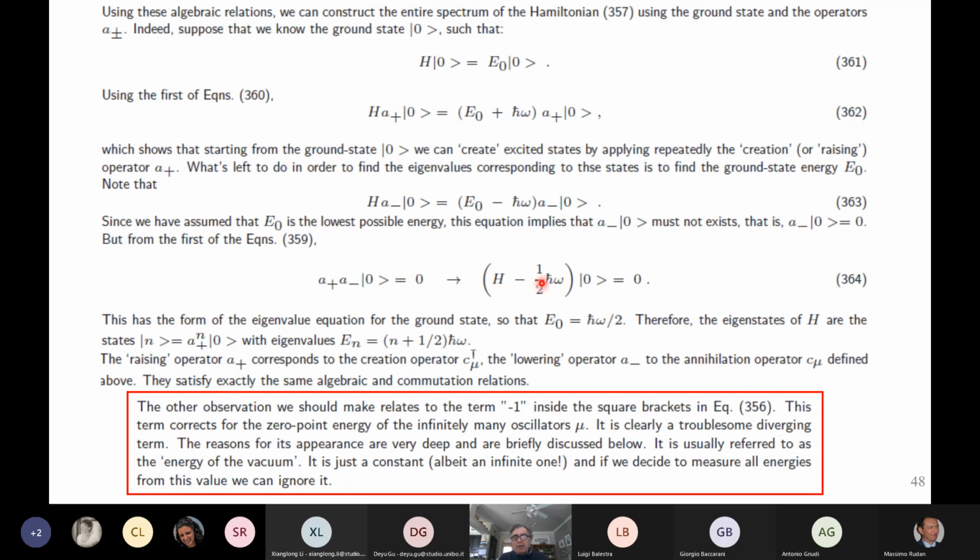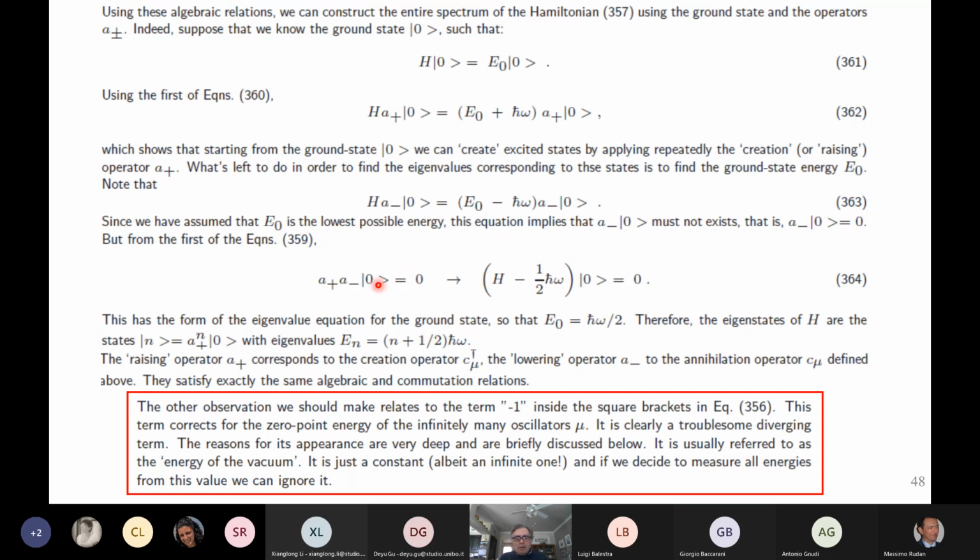And this implies automatically that E0 is equal to 1/2 h bar omega. So excited states of the harmonic oscillator are generated by applying n times the raising operator A plus, and they correspond to eigenvalues which are n plus 1/2, times h bar omega.